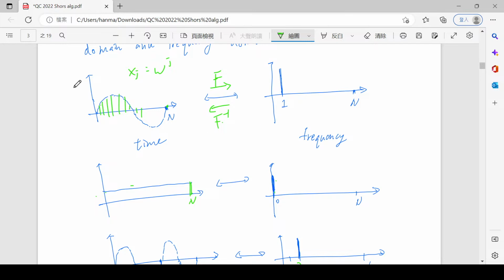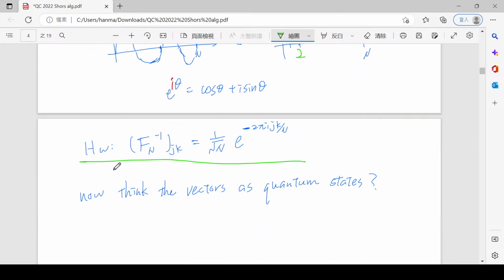Actually, this transformation doesn't lose you any information. By that I mean you can do an inverse transform from the frequency domain to the time domain. Okay? So there is this F inverse, and it has a form that looks very much like F. So you need to prove this in your homework.